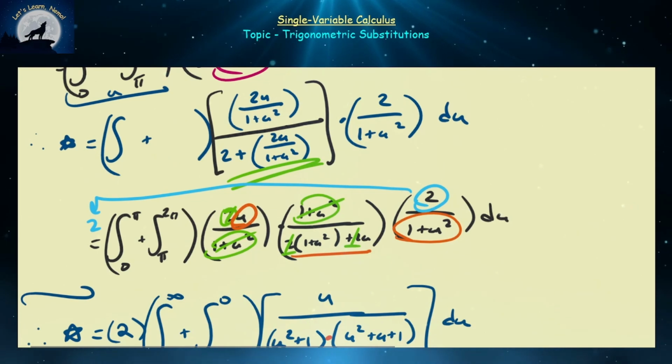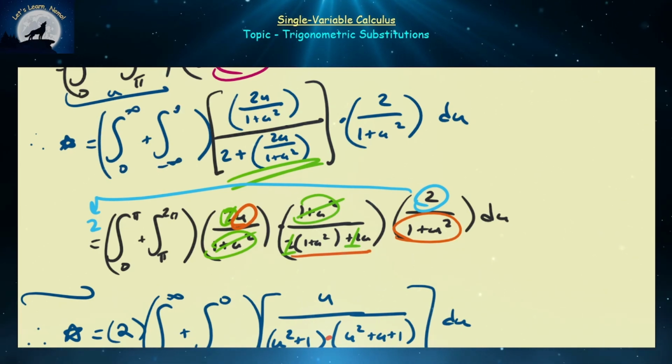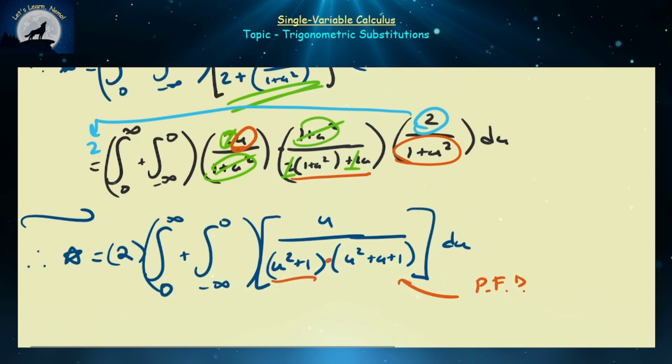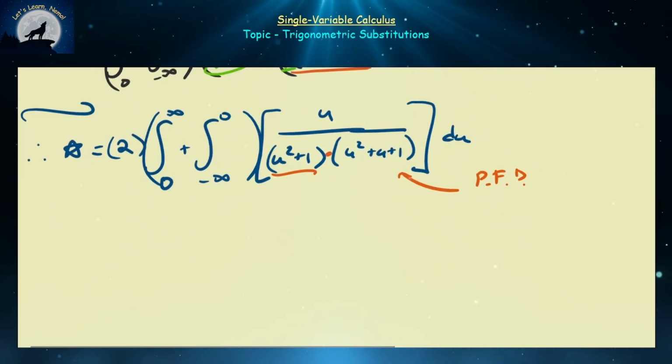So let's just adjust that. Oh, my integral disappeared. My 0 to infinity, minus infinity to 0, and then this would also be 0, infinity, minus infinity, 0. Okay, cool. So everything's fine there, and now we just need a partial fraction decomposition of that.